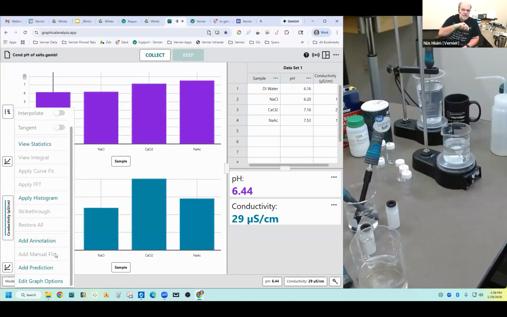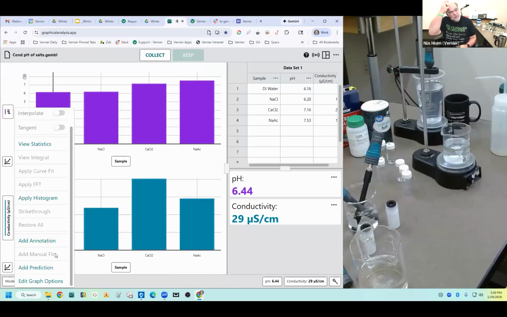There's an option with Graphical Analysis Pro where you can actually put in your own matches, so you're not limited to just the ones we provide. Like Logger Pro lets you do, and that's been a request from physics teachers to be able to add our own match.